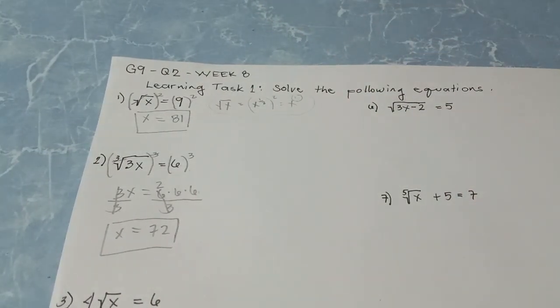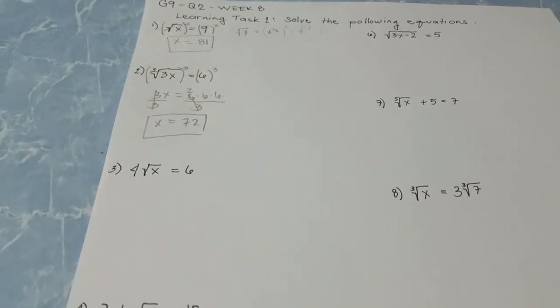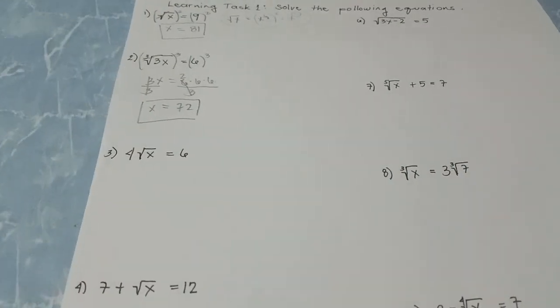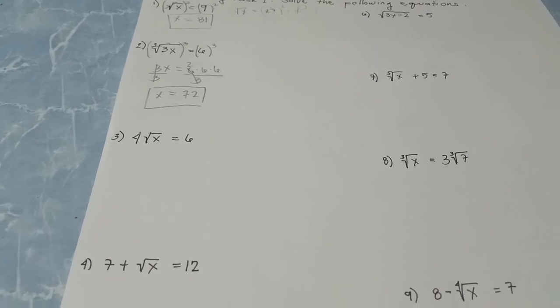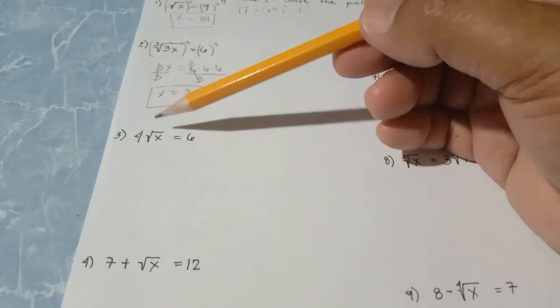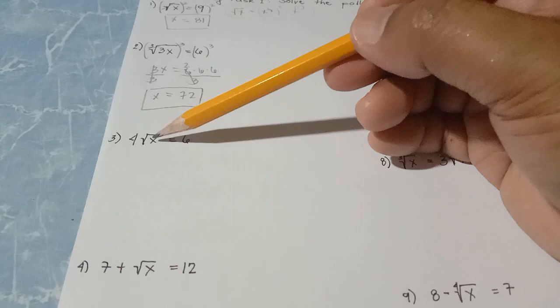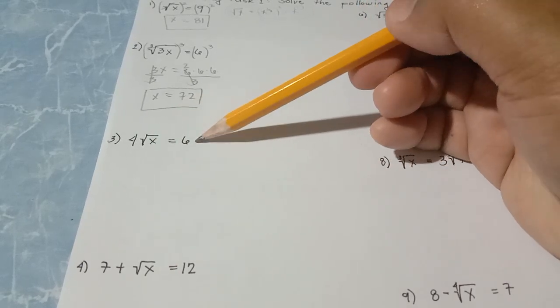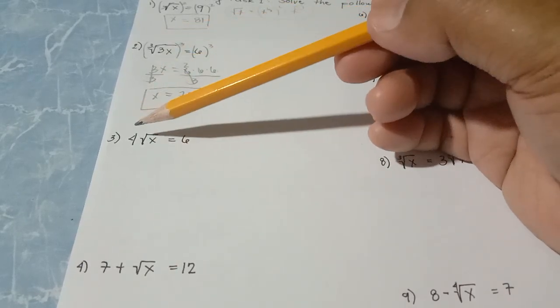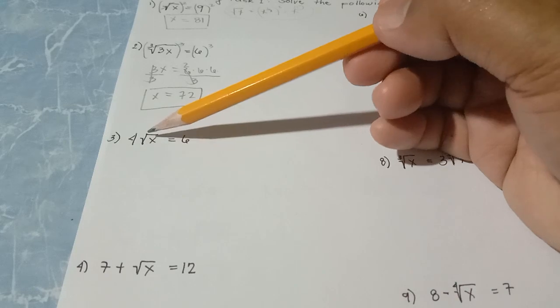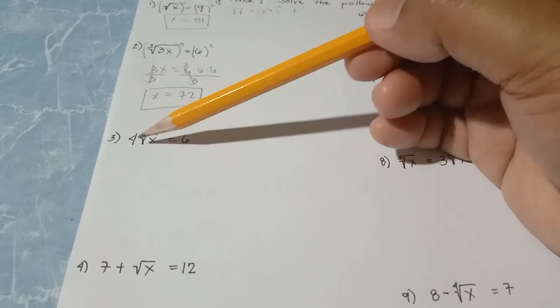Okay, next. Number 3. Given natin sa number 3, we have 4 square root of x is equal to 6. Sa pagkakataong ito, yung ating radical ay may numerical coefficient.